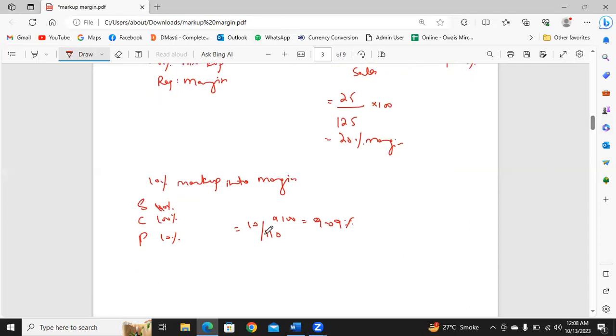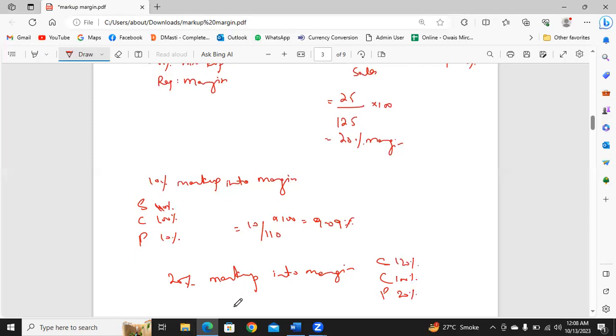Now let us suppose we have to convert a 20% markup into margin. In SCP, markup cost is 100%, profit is 20%, and sales is 120%.